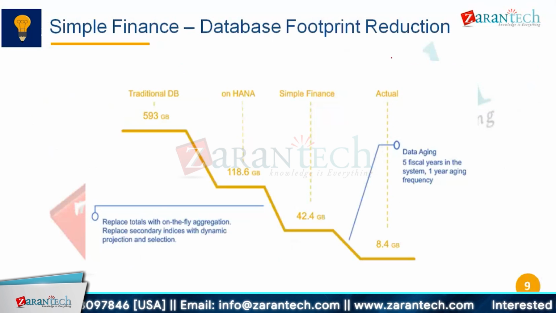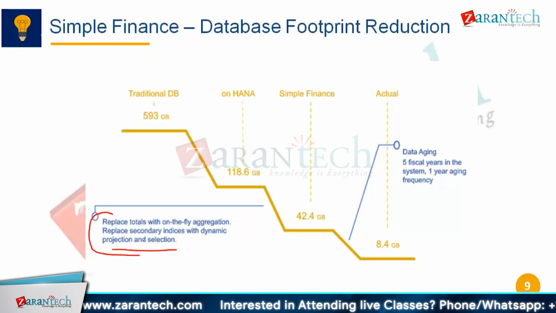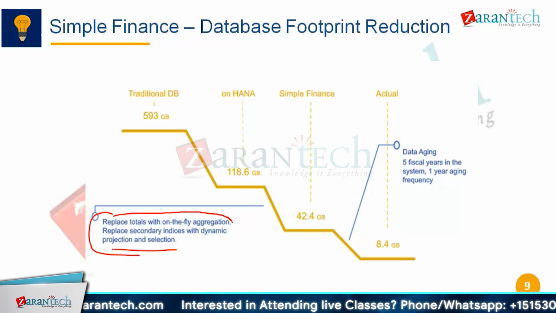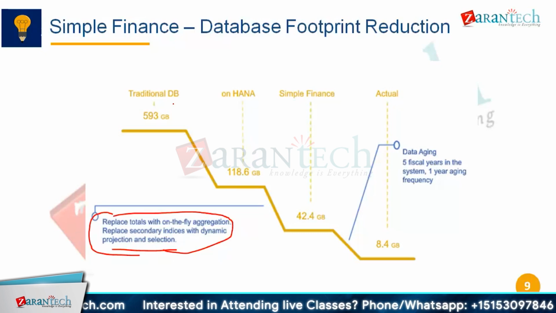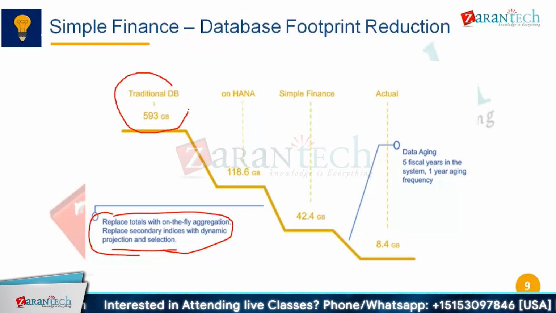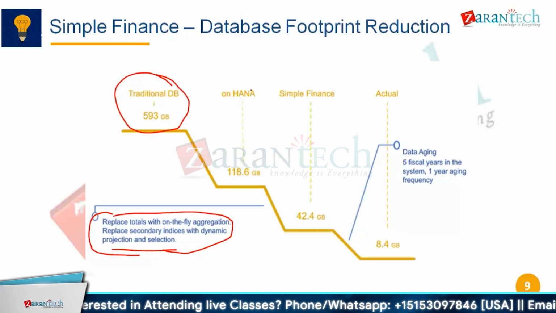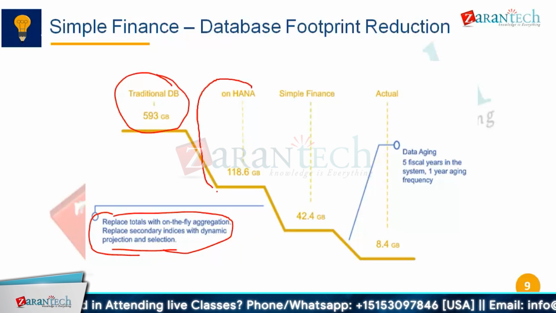Database footprint reduction. Now it stores data in compressed form. So replace totals with on-the-fly aggregation, replace secondary indices with dynamic projection and selection. We will understand these technical things in our upcoming sessions. But you could see how much memory the traditional data was consuming compared to S/4HANA. So this is the reduction.